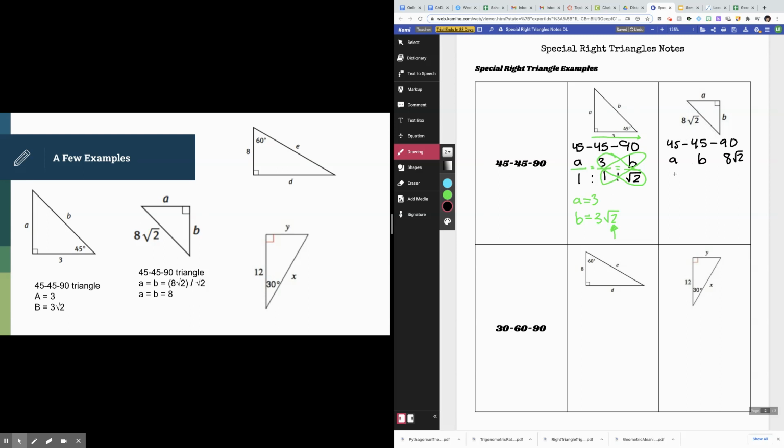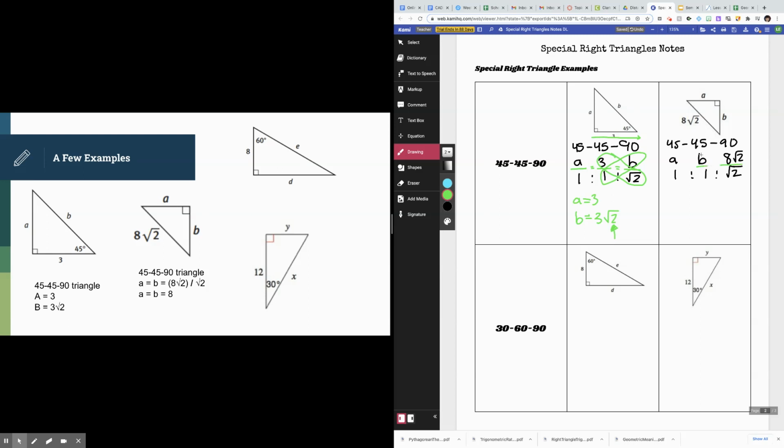And then my ratio, 1 to 1 to root 2. I'm going to try to find B first, because it's right next to the ones that have numbers on them. It just makes my life a little easier, right?